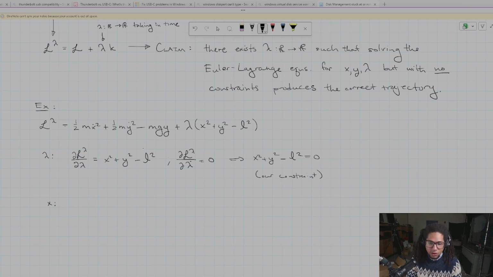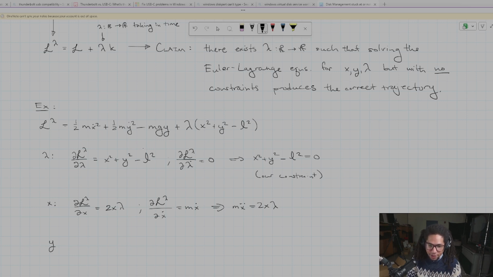Next, let's get our equations for x and y. So for x, we'll get dL lambda dx is equal to, well, that's just 2x lambda. Meanwhile, dL lambda dx dot is equal to m x dot. So the Euler-Lagrange equation we get here is m x double dot is equal to 2x lambda. Good.